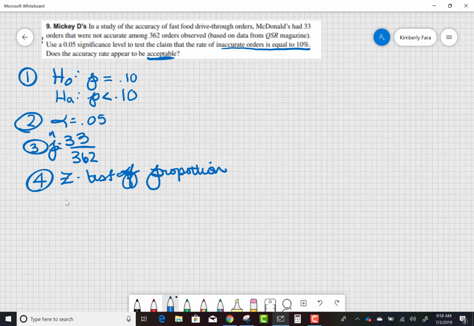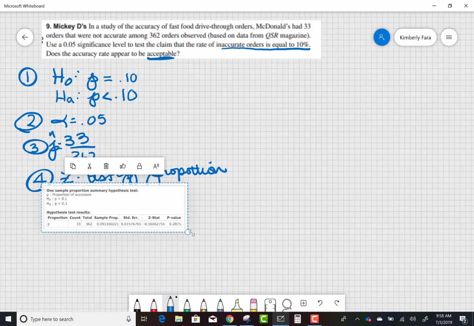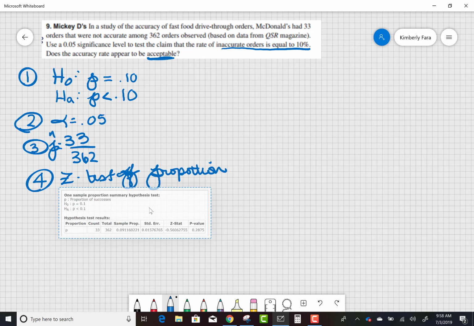So in this test, I'm going to paste my results. Now, I would recommend that you also write the formula for the z-test so you know what's happening. We've tested it against our population proportion equal to 10% or less than 10%.